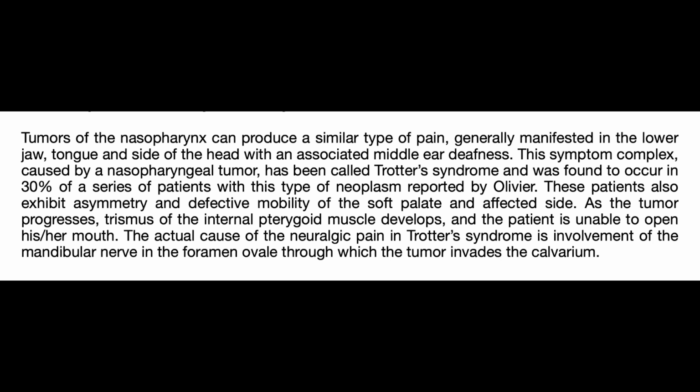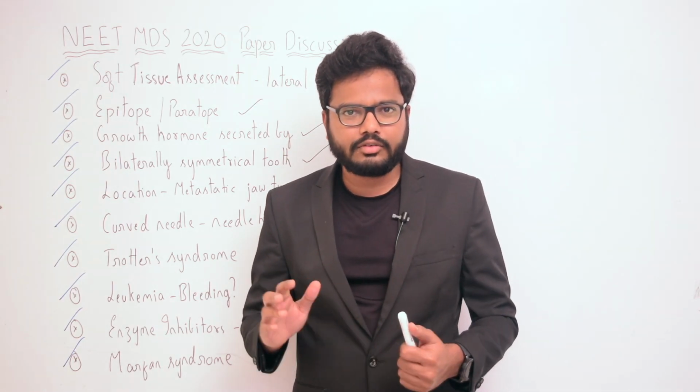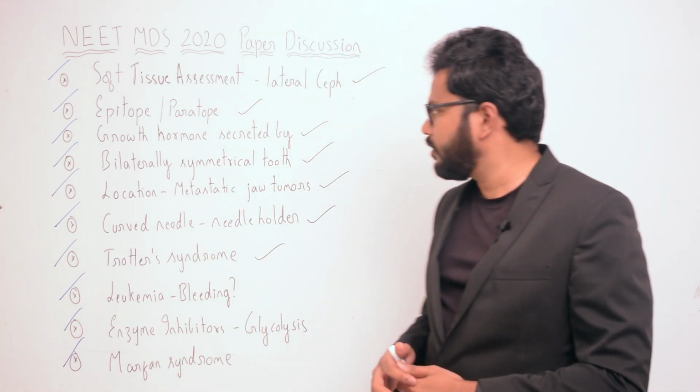This symptom complex caused by nasopharyngeal tumor has been called Trotter's Syndrome and was found to occur in 30% of a series of patients with this type of neoplasm as reported by Olivier. These patients also exhibit asymmetry and defective mobility of the soft palate on the affected side, right? So this is some information pertaining to Trotter's Syndrome.